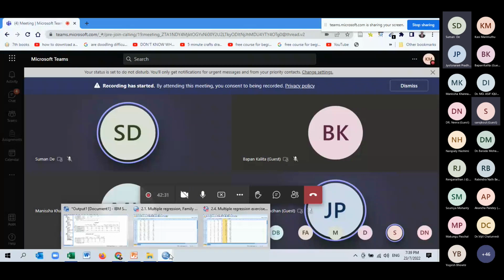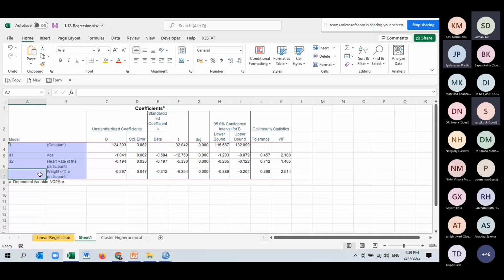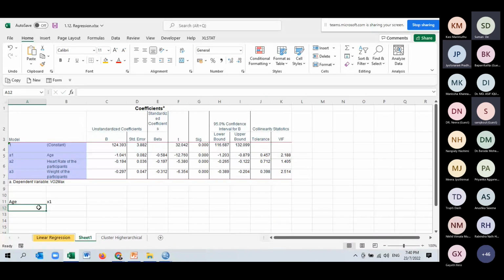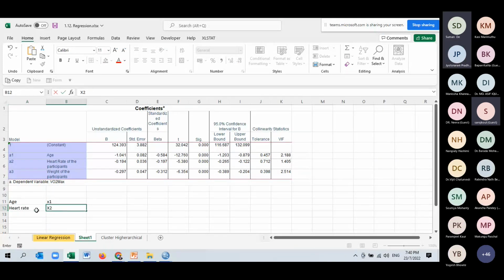Okay, have you all copied the table? This is A3. Your independent variable. So imagine that X1, this is age, and then next one is heart rate X2, independent variable, and weight X3.